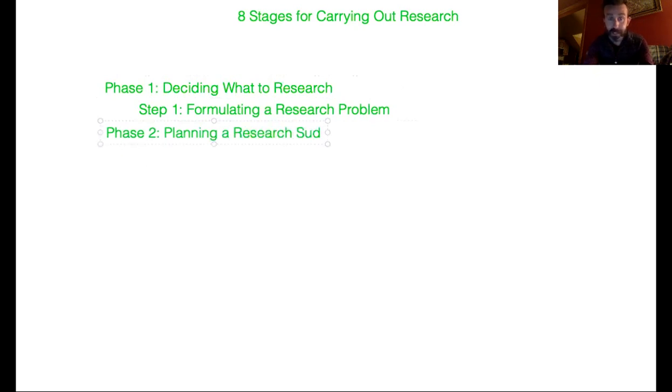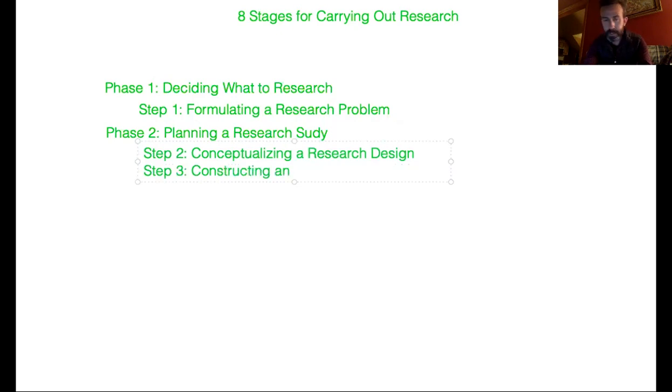Oh my God, it's late here and I'm tired. Forgive me. And there's 4 steps in this phase, which is step 2, conceptualizing a research design. Step 3, constructing an instrument for data collection.